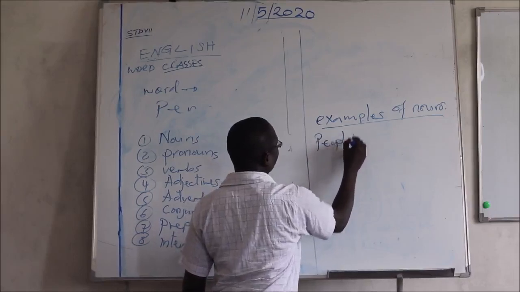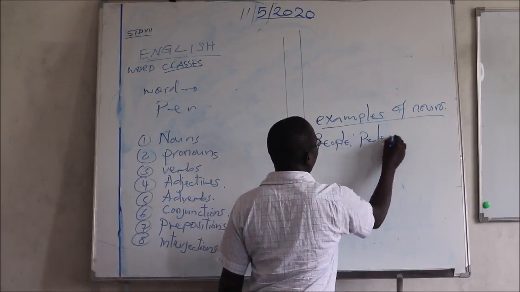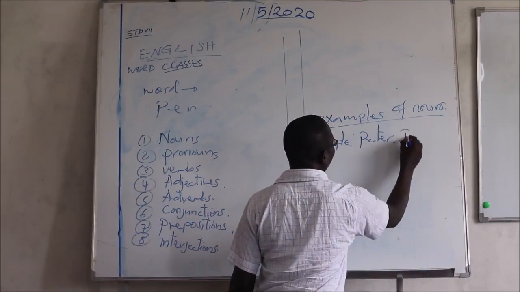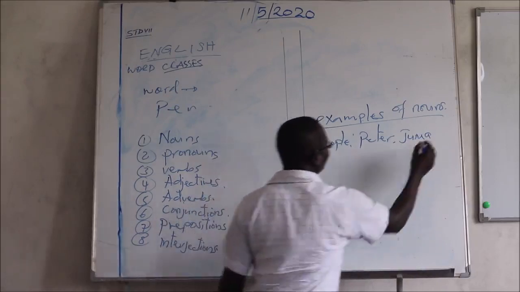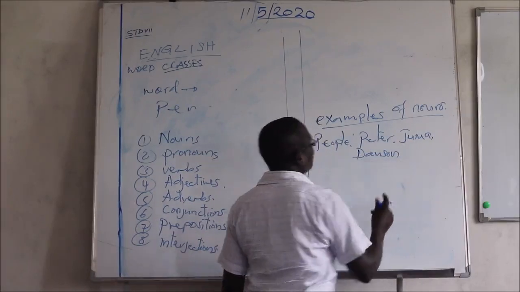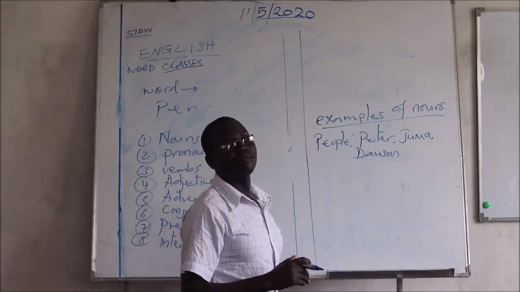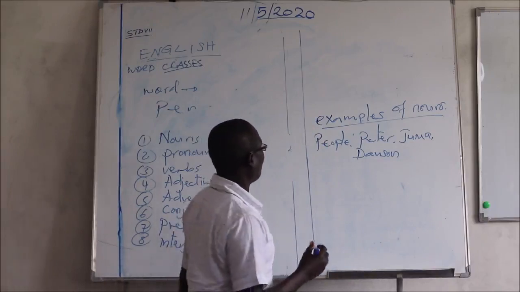Let's say Peter, Juma, Dawson, plus your own name is also considered here to be the name of a person.